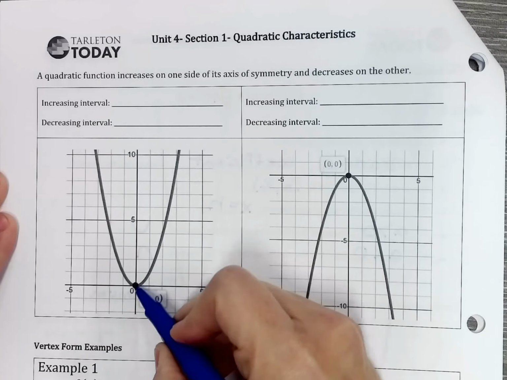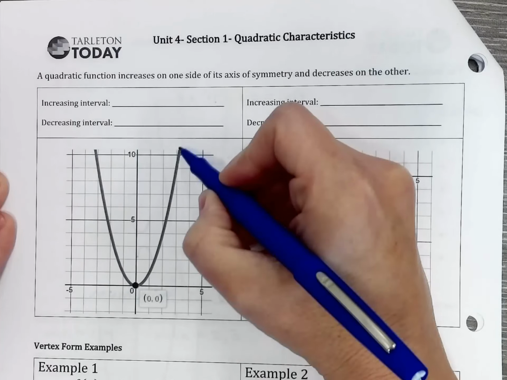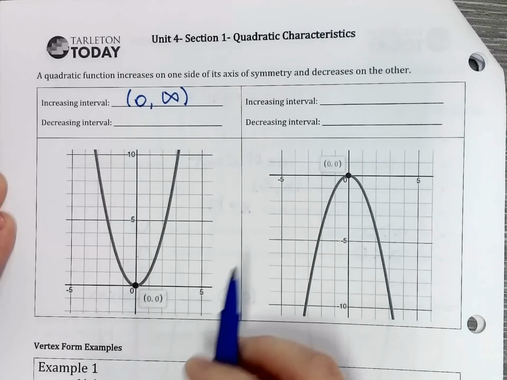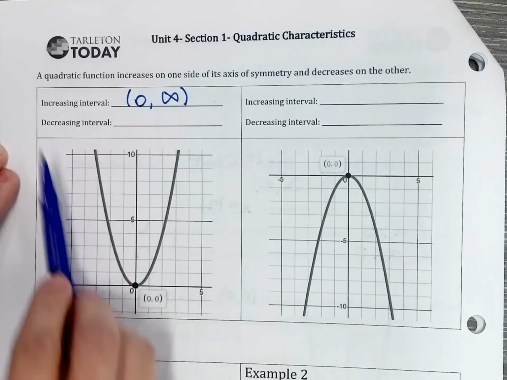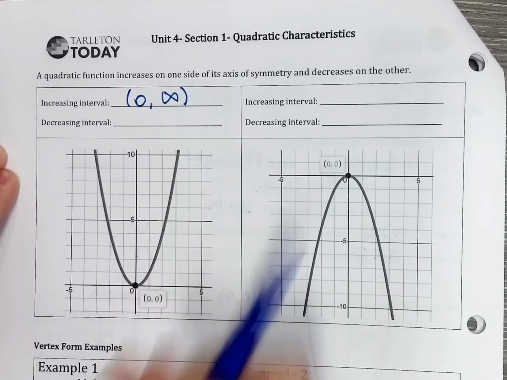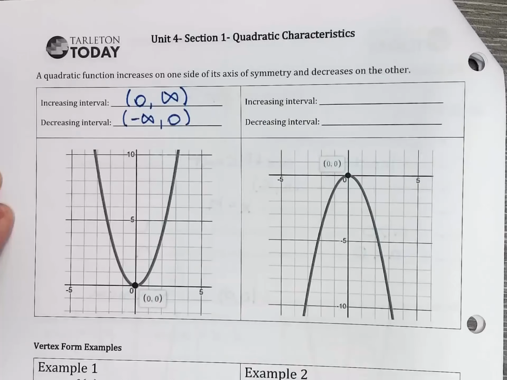Well, it's increasing from the axis of symmetry up this way, so from 0 to positive infinity. And it's decreasing from negative infinity all the way up to 0.